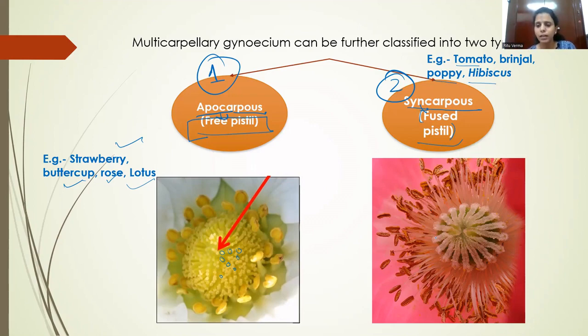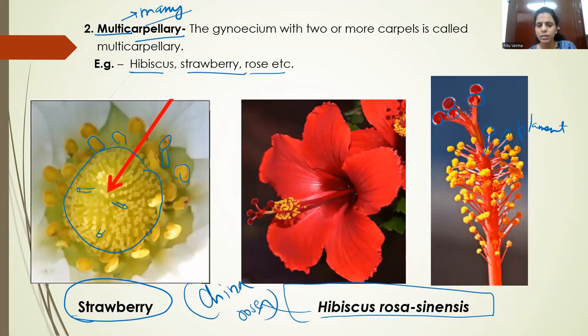So you can make out here this is a flower, and this flower in the center has a fused pistil. These are actually the stigmas, and all these stigmas are attached with each other and fused with each other. Again, I'm coming back to the slide to show you the fused pistil of the hibiscus flower. There are actually one, two, three, four, five pistils or carpels present in the hibiscus flower.